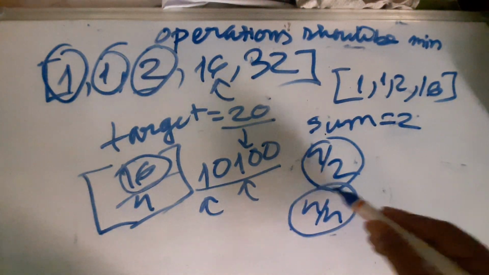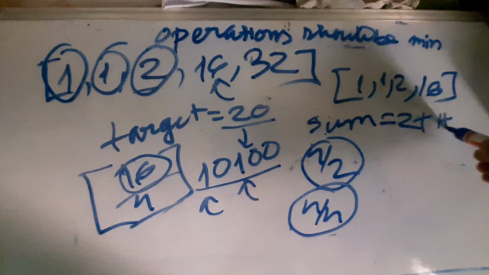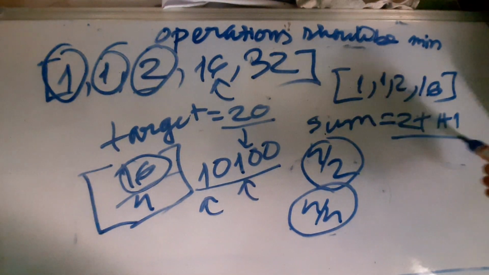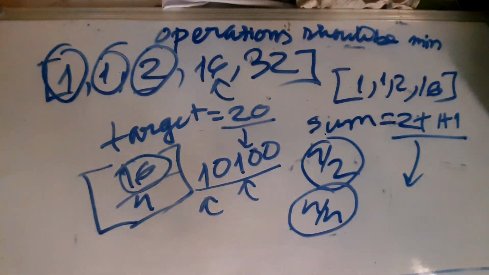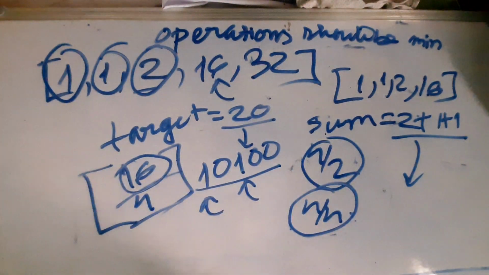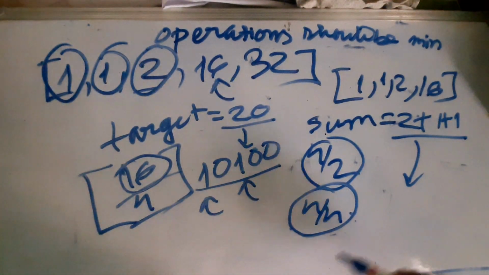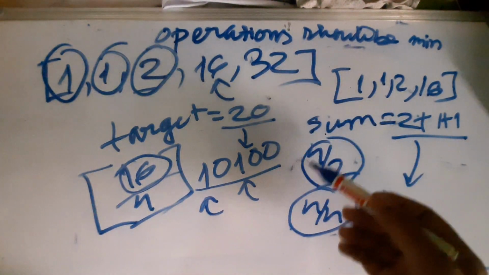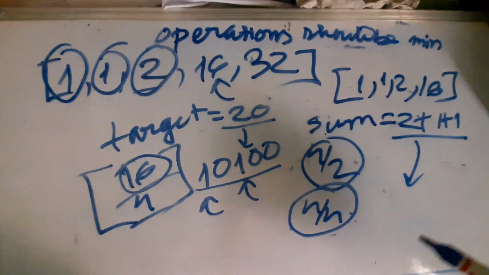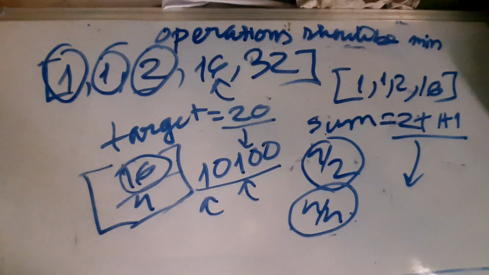Is there any extra 1? Okay, there are 2 extra 1s, so we'll be adding those two. And suppose we are able to find the sum equal to 4, then we need not check if there is a multiple of 4 or not. So we don't have to do that. And that's how we can minimize the operations.